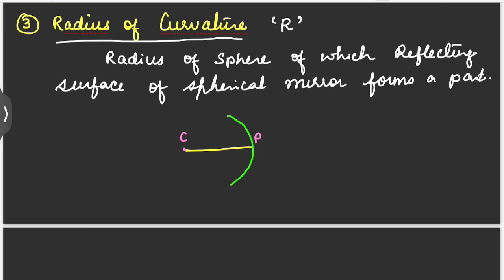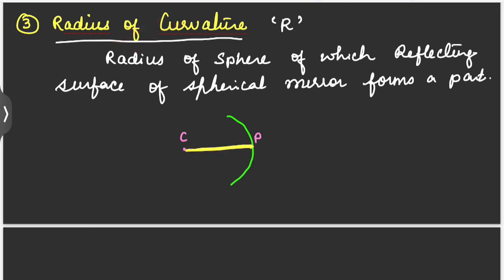This yellow line I have drawn is the radius of the sphere, from C to P. This is called the radius of curvature. That is the radius from the center of the sphere to the reflecting surface of the mirror. This entire length we call the radius of curvature.